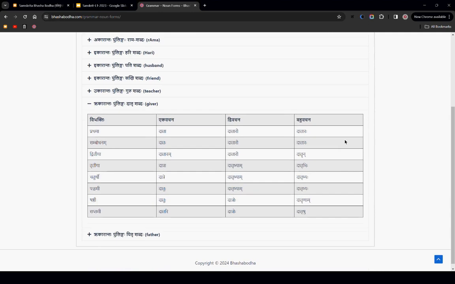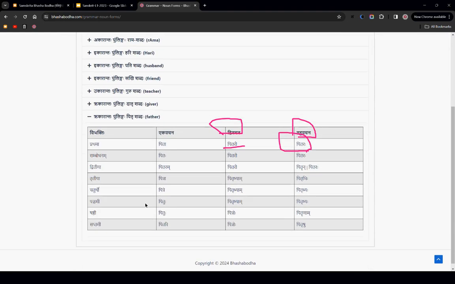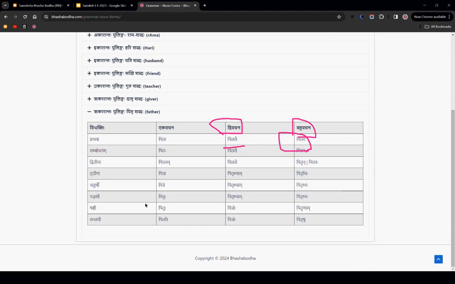If you look at Dhatru, here you see Dhataraha, right? Dhataro, Dhataro. Whereas if you look at Pitru, here you see Pitarau, not Pitaro, not Pitaraha.